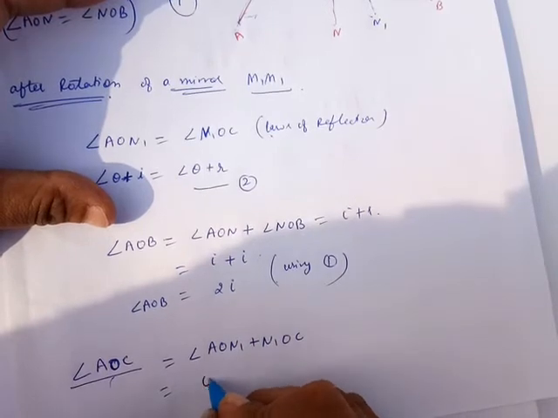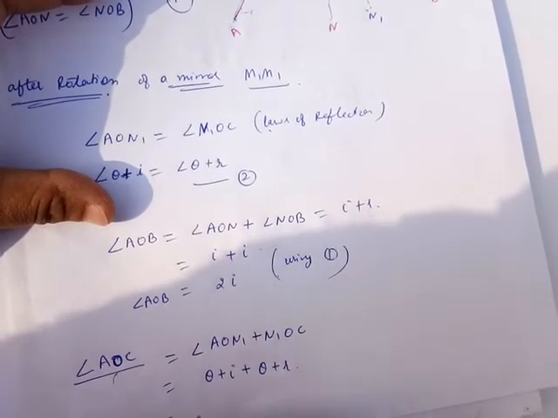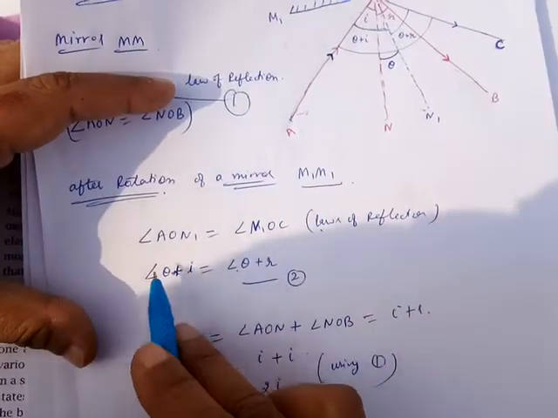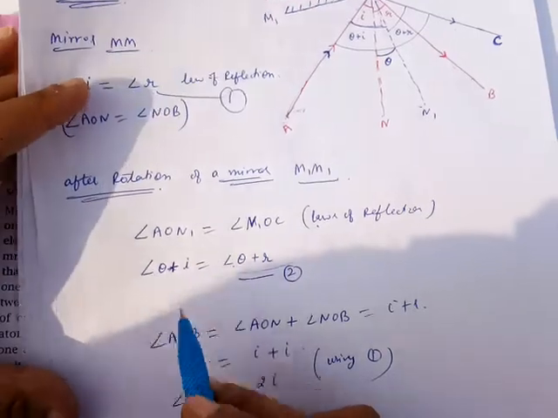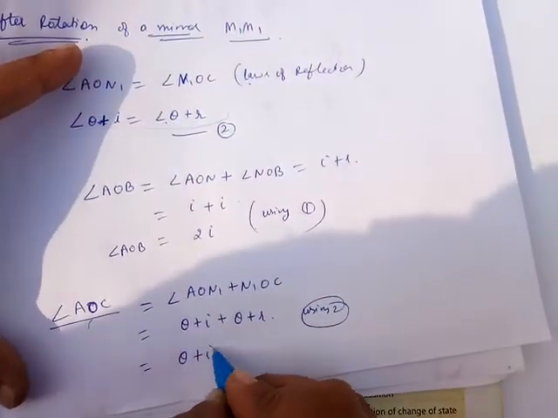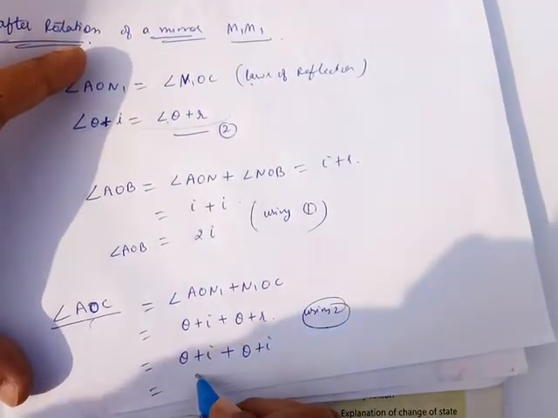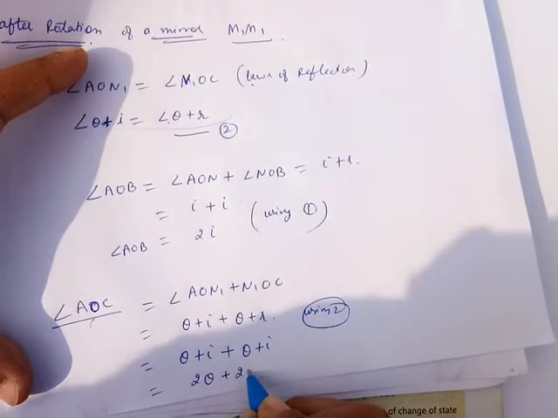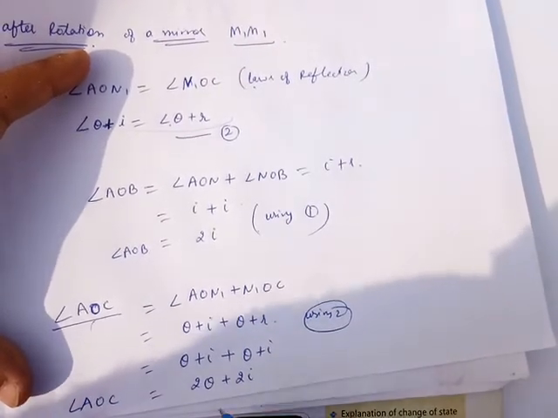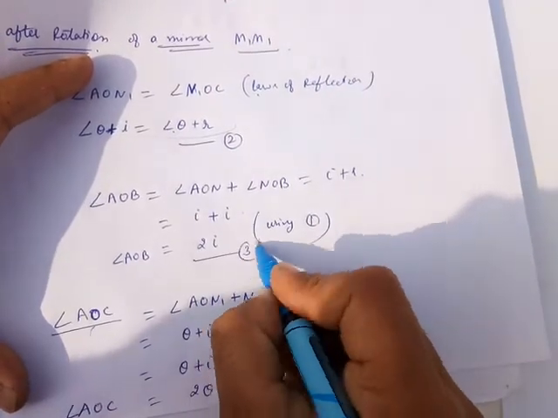Now this is theta plus I plus theta plus R. Using equation number 2, theta plus I is equal to theta plus R. It means we can write it as theta plus I plus theta plus I, which is 2 theta plus 2I, equal to AOC. Let it be equation number 4 and the earlier one equation number 3.